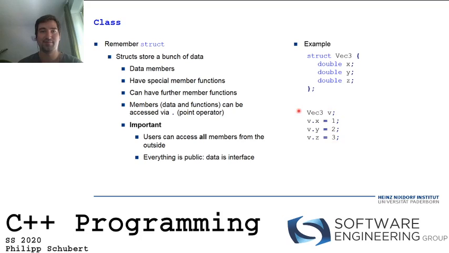Of course, it's just here to prove a point. Usually you would use a constructor to initialize variables of that type, as already mentioned. But here you see everything is public when you use the struct keyword.